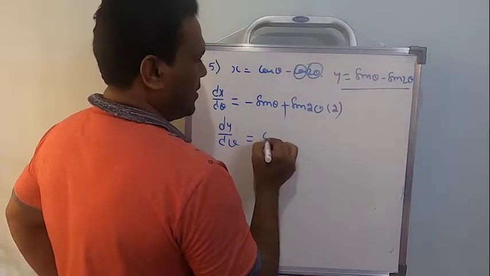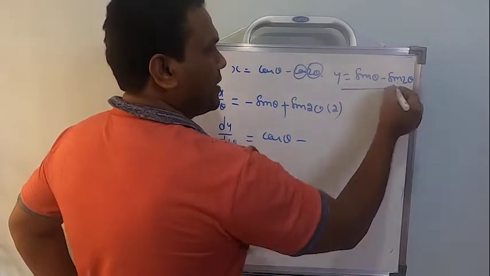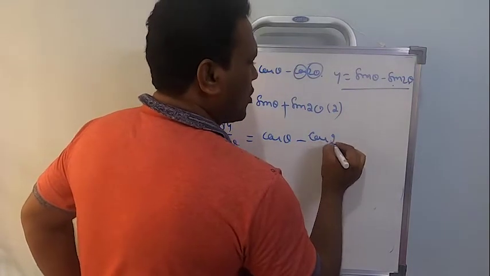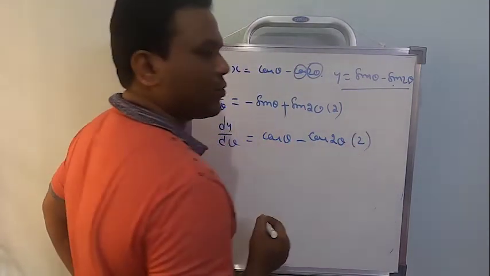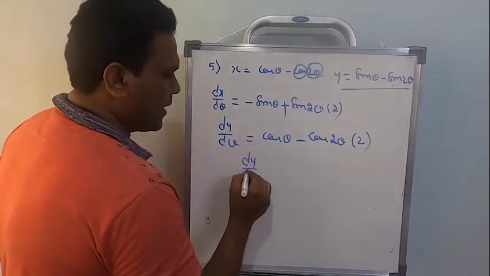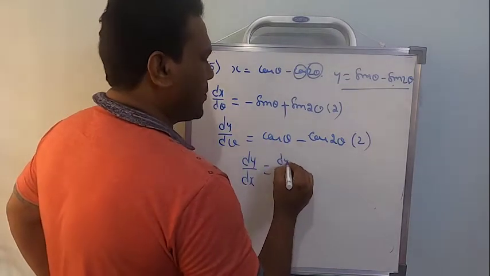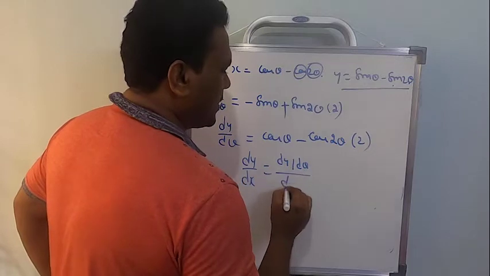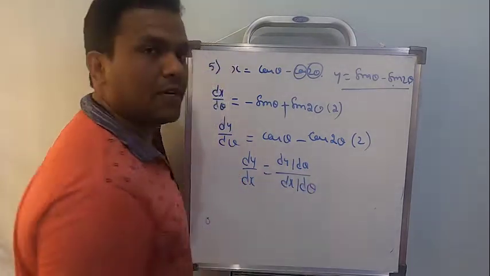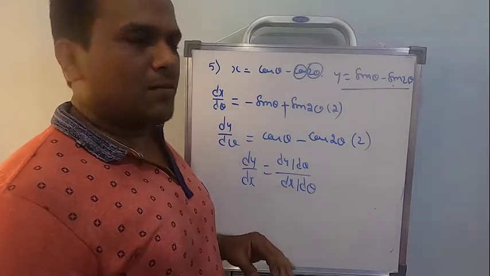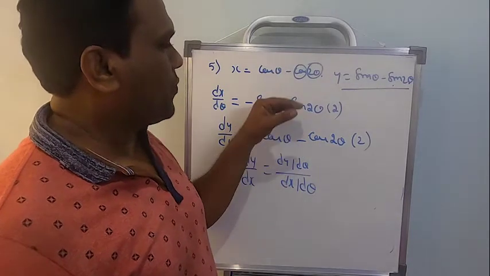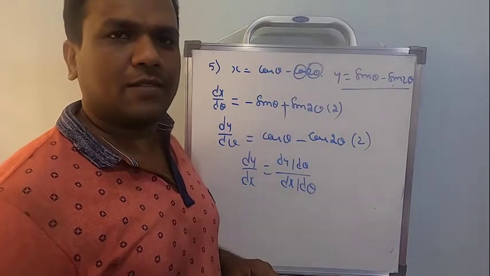Differentiation of sin will be cos theta minus differentiation of sin 2 theta, which will be cos 2 theta multiplied by 2. So what we have to find, dy by dx equal to dy by d theta by dx by d theta. Nothing much can be simplified. Okay, so just substitute for numerator and denominator and leave this.